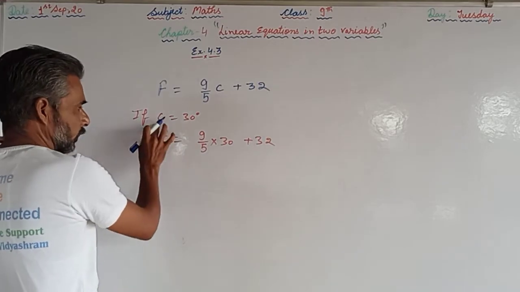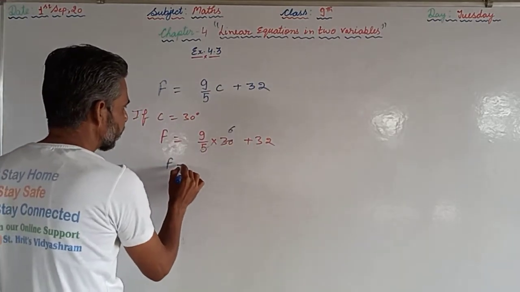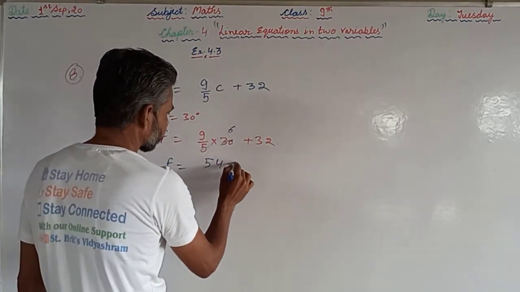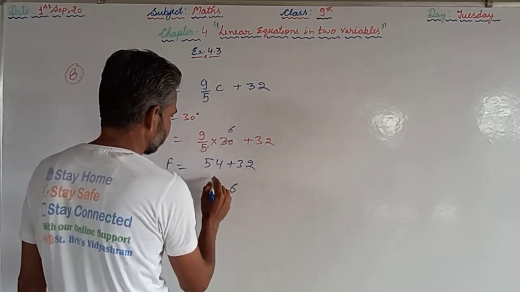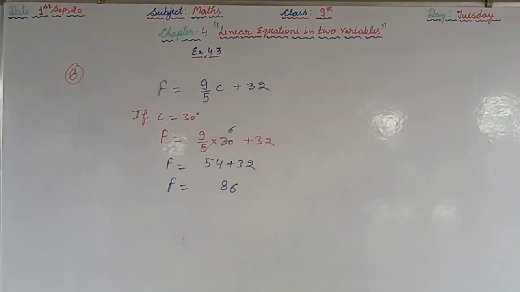Celsius is given 30 degree, so 5 sixes are 30. F will be 9 sixes are 54 plus 32, and F will be 86. So that will be the answer.